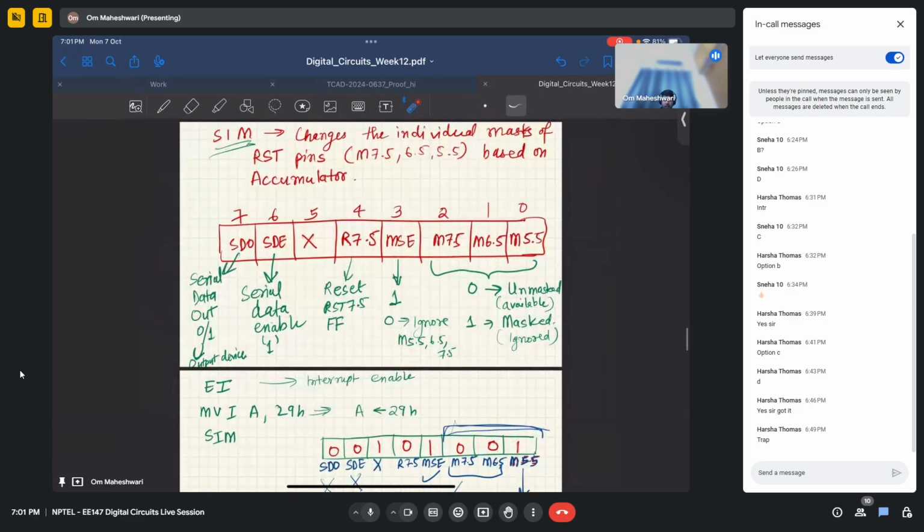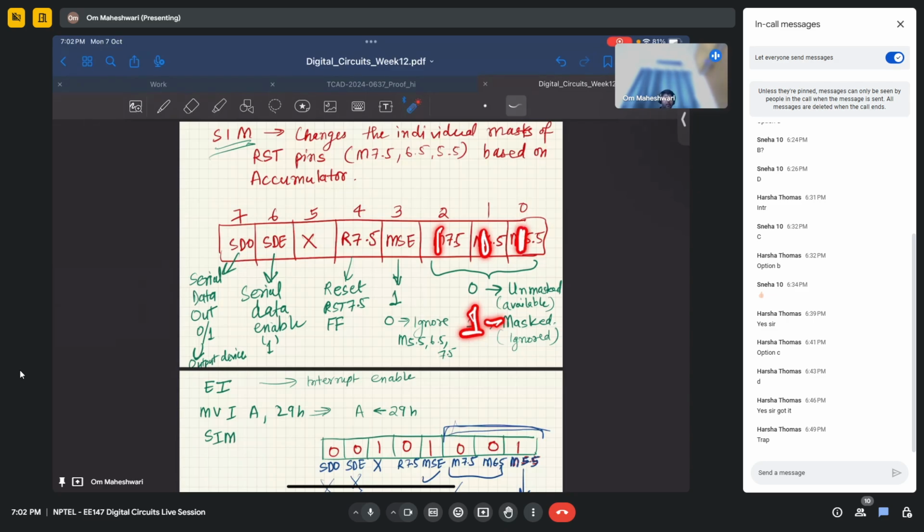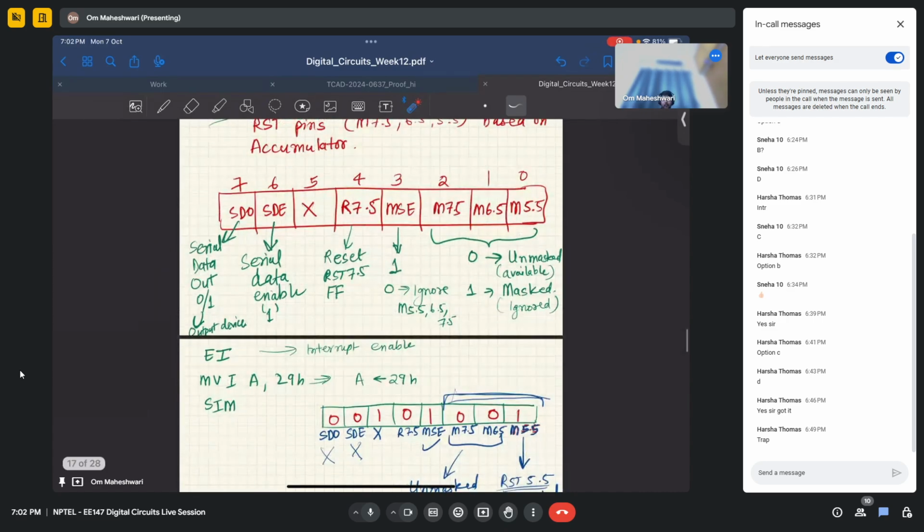So for this SIM, you just have to see what the content of the accumulator is, and then relate it with this map. If something is masked, that means it is not available. If these values are 1, that means that interrupt is masked. If it is 0, that means it is not masked. Is this clear?